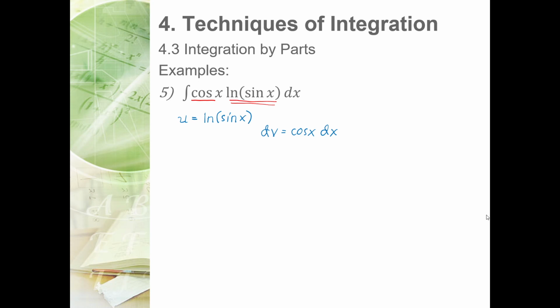By integration, integral of cosine is sine x, and then the derivative of ln is du over u. So du will be cosine x all over sine x dx.